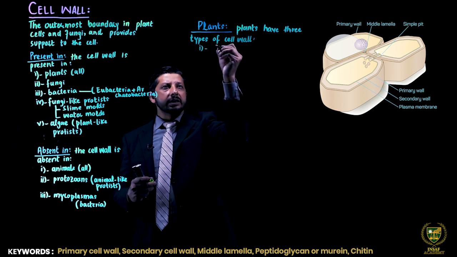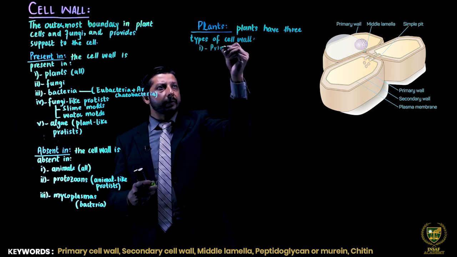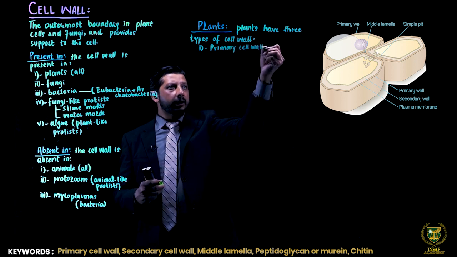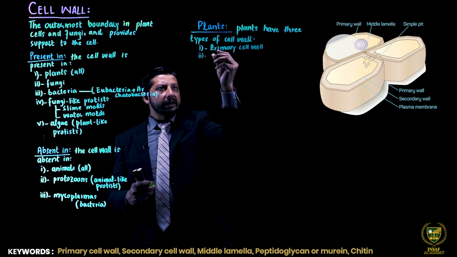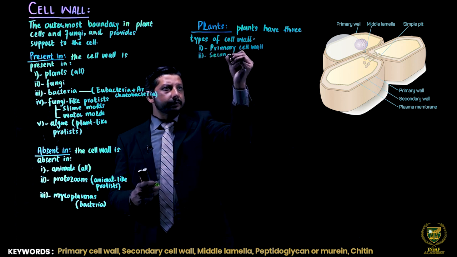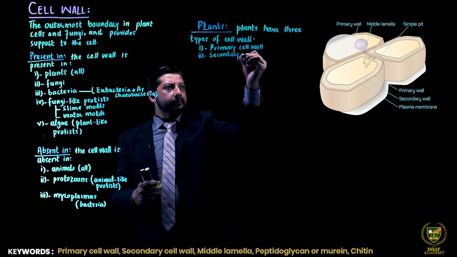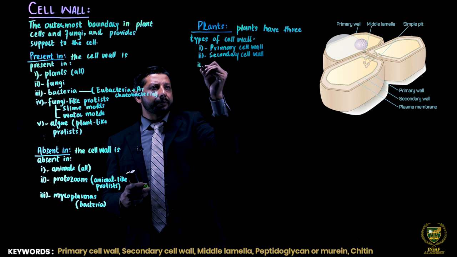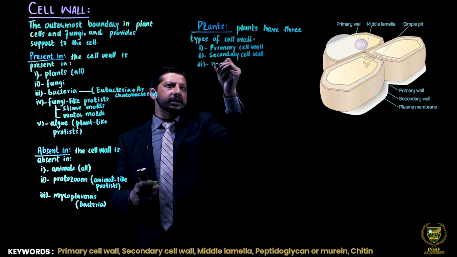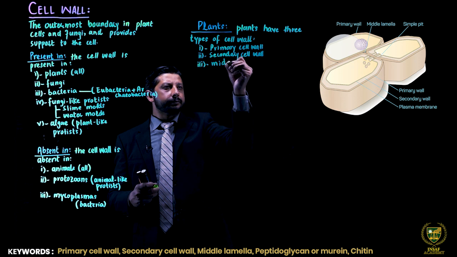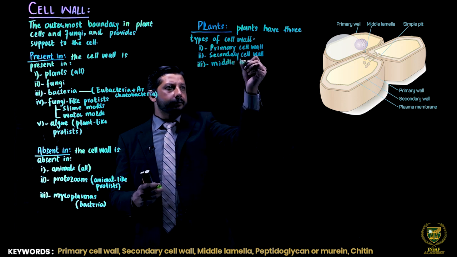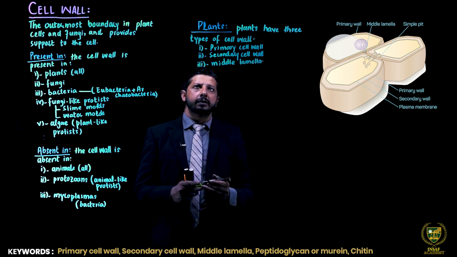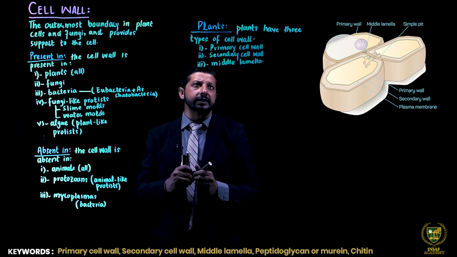Number 1 is the primary cell wall. Number 2 is secondary cell wall. And number 3 is the middle lamella. Clear? So we will discuss in details.